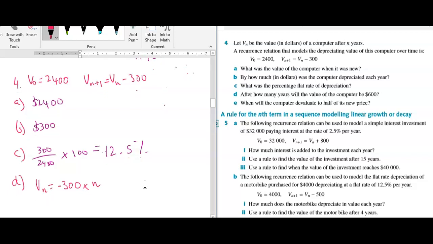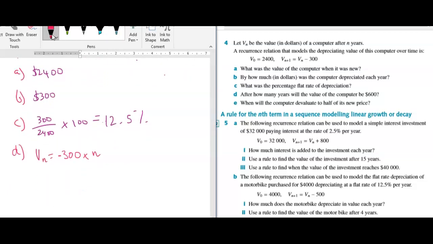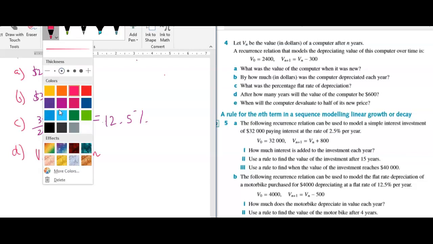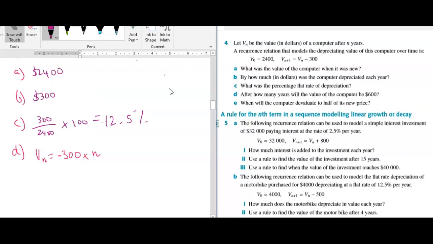Okay, so n is how many years. That's what we're going to be solving for. So we want the value to be 600. So negative 300 times n.